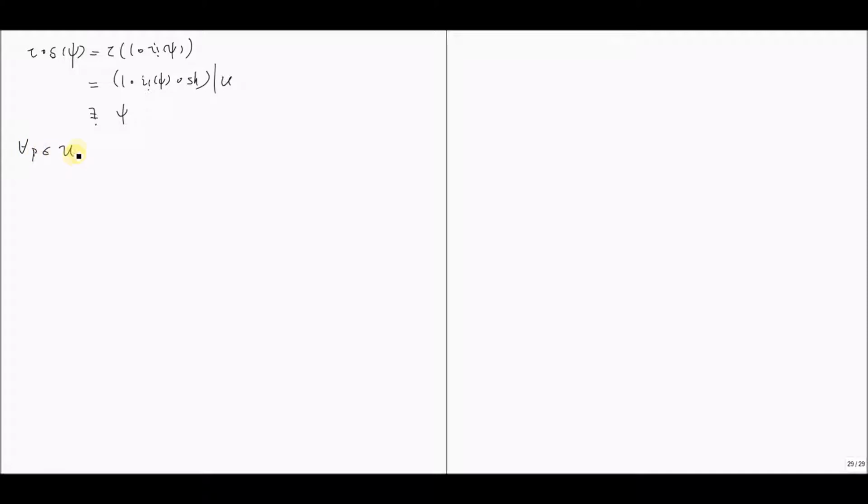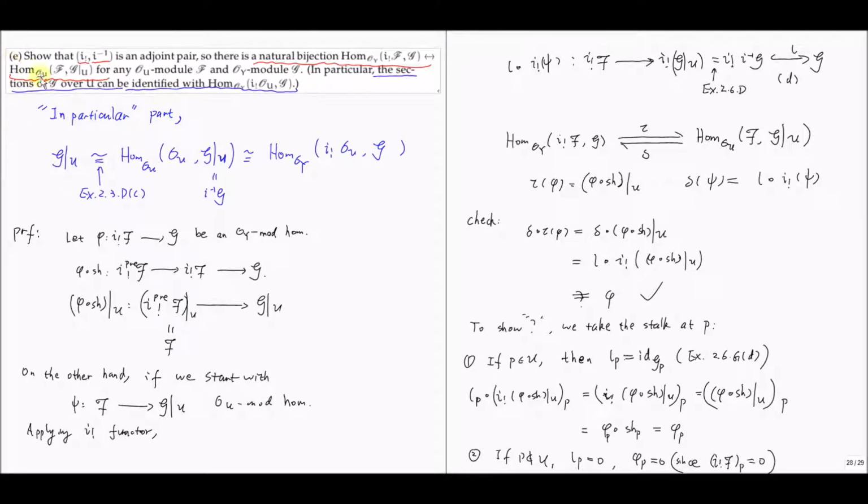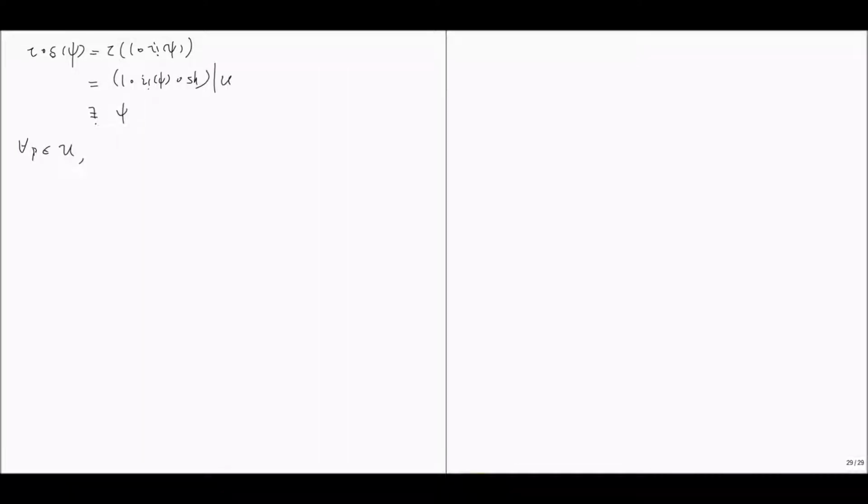For any P in U, in this case, we don't need to consider the case when P is outside of U, because we are looking at the O_U modules over the open subset U, not over the whole space Y. Now, the stalk of this guy at P will be equal to the stalk of the composition of three morphisms without the restriction, because P is in the open subset U.